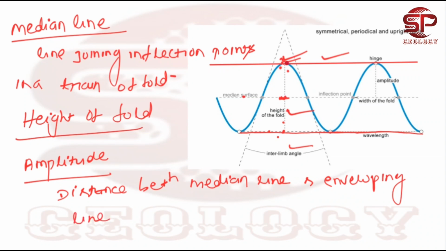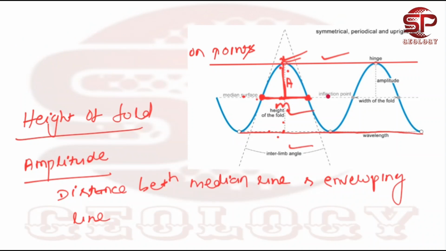This can be your amplitude, and the distance between two consecutive inflection points is called your median length.